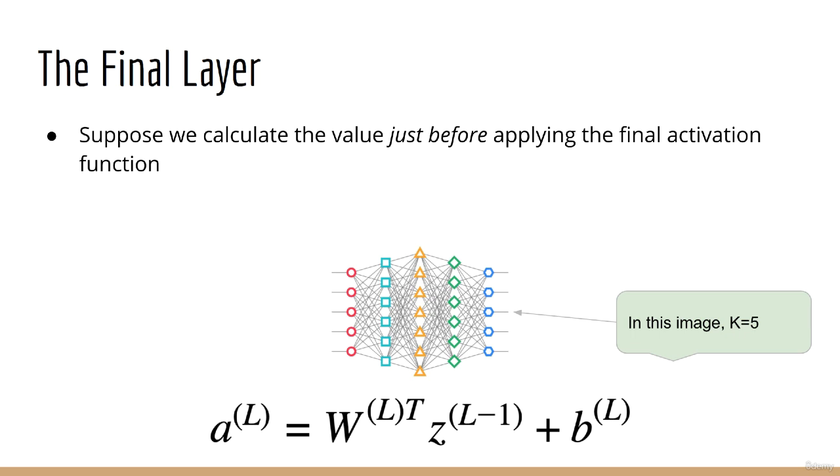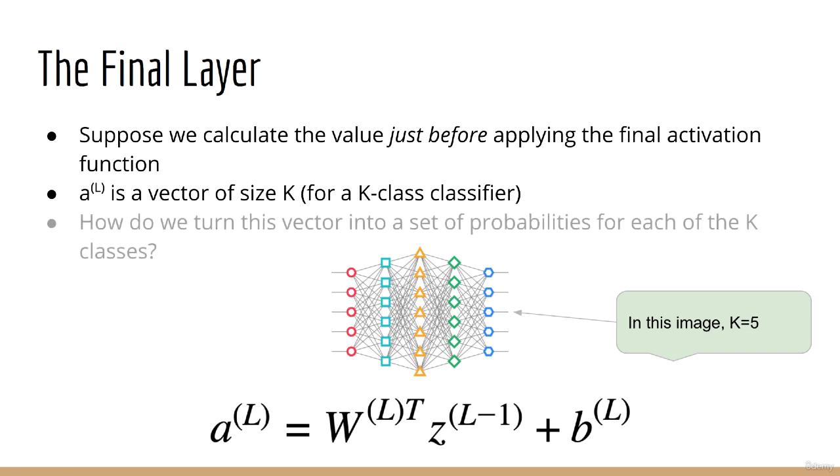It's important to remember that if the layer size is K, then A^L is a vector of size K. What we would like to do is map these values to probabilities for each of the K possible output categories. Okay, so that's your first lesson here. If we have K possible outcomes, then we should have K output nodes.